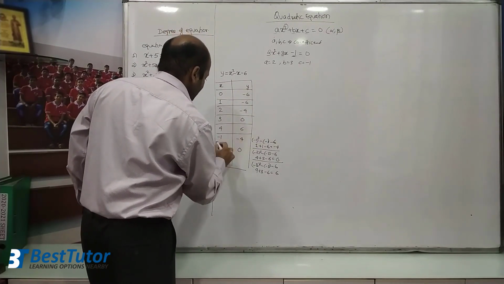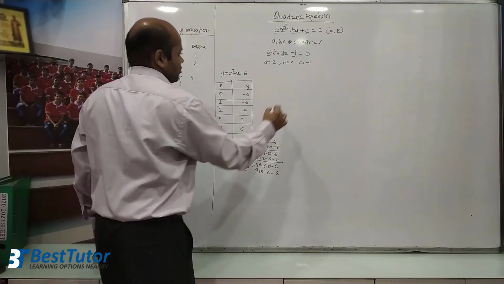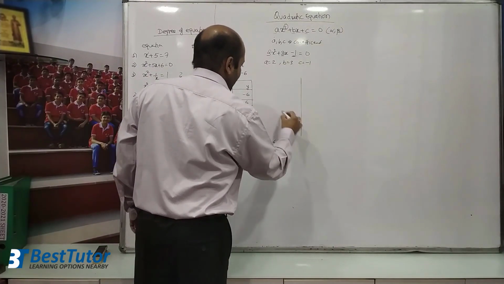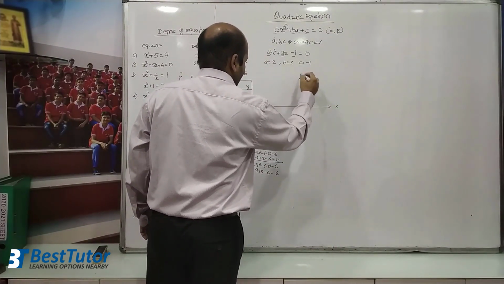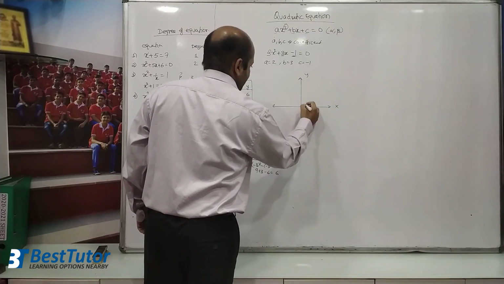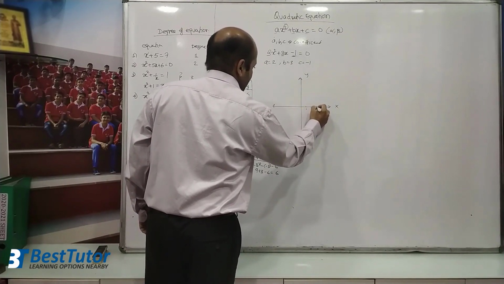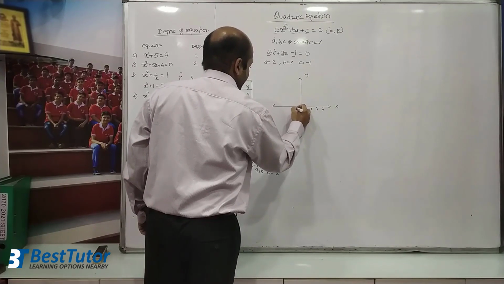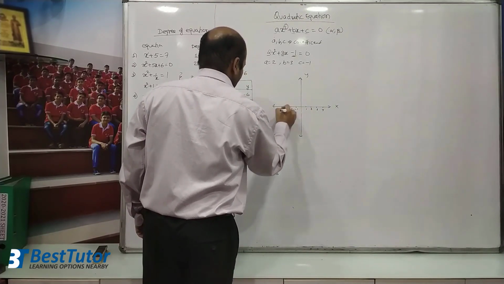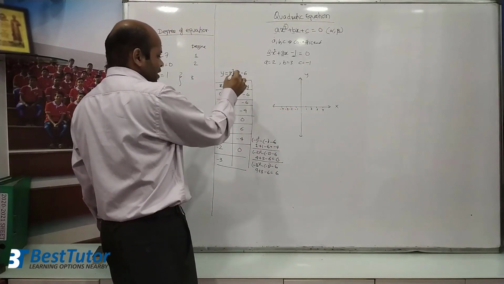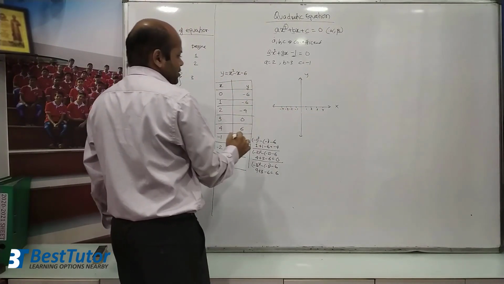Let's plot this. When we put it in the graph, what happens? Here, I have my x and y axis. I put the values here. I write 1, 2, 3, 4, and here minus 1, minus 2, minus 3, minus 4. I see the values are ranging from 0 to 6.